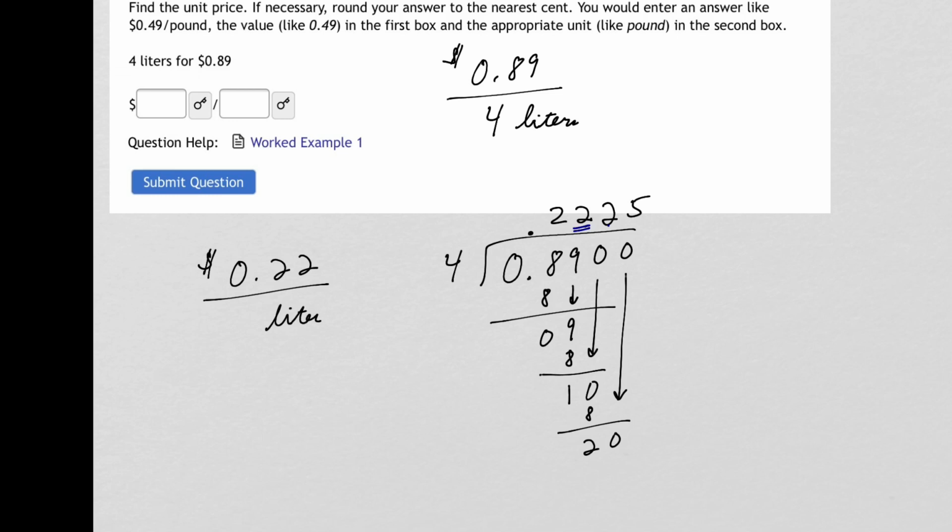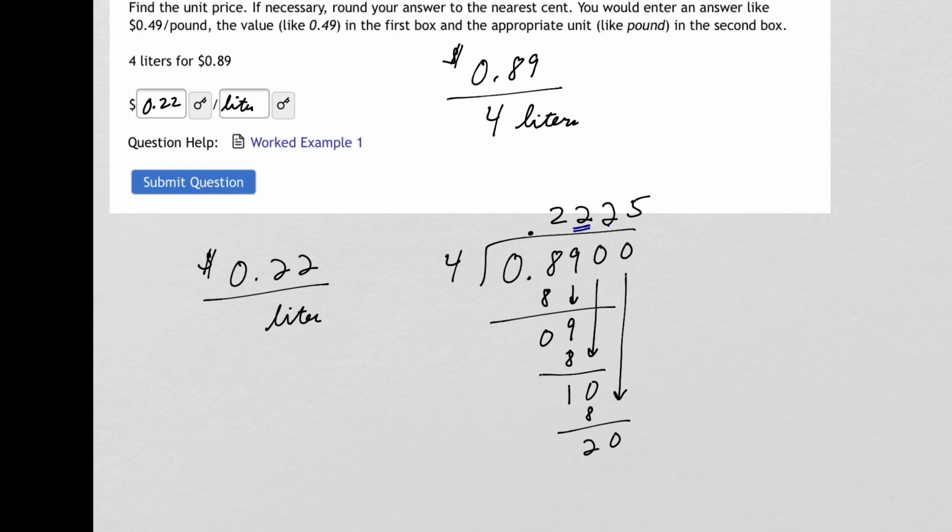So in here, you would put in 0.22, and here you'd put in liter. They probably want just liter instead of liters because it's per 1 liter. So liter. And that would be it.